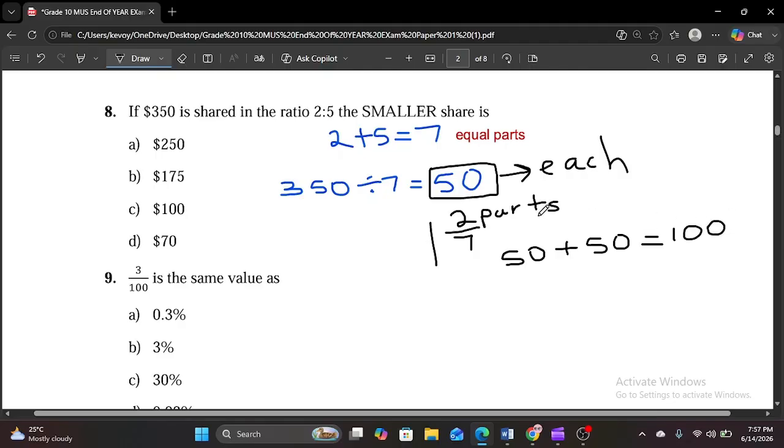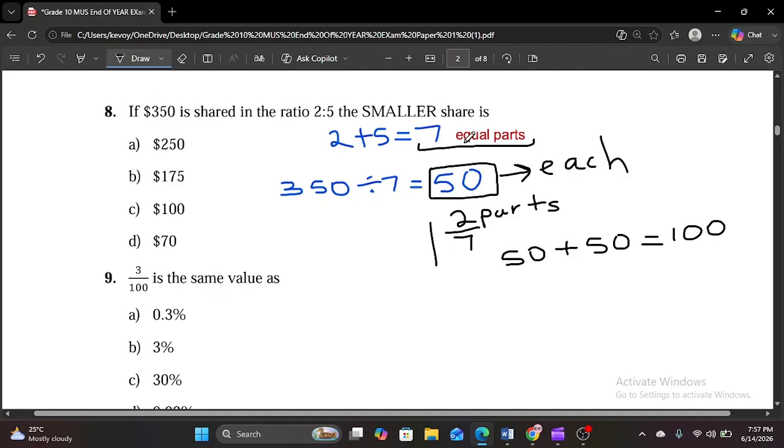In any sharing, whether money or anything, into any given ratio, the ratio is basically telling us how many equal parts. Just like when you have your groups, how many equal groups I'm going to share this money into. So 7 equal parts.